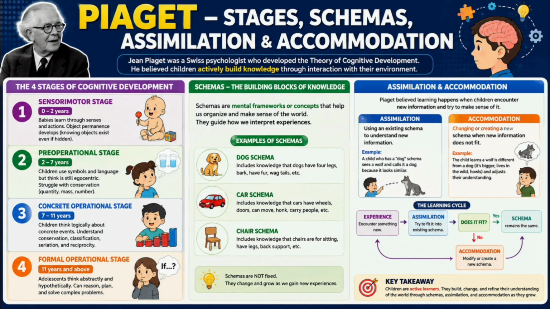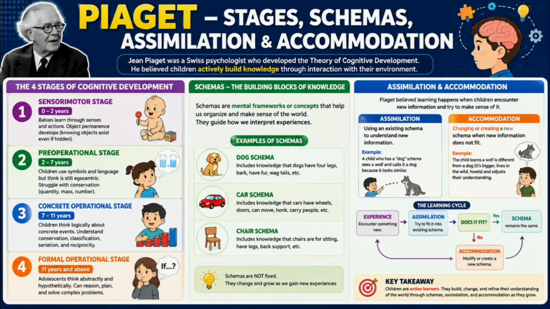For example, animals can be classified into different groups. Plants can be classified according to different characteristics. Seriation. Seriation means arranging objects according to a particular characteristic such as height, length, weight, size. For example, a child can arrange sticks from shortest to longest.